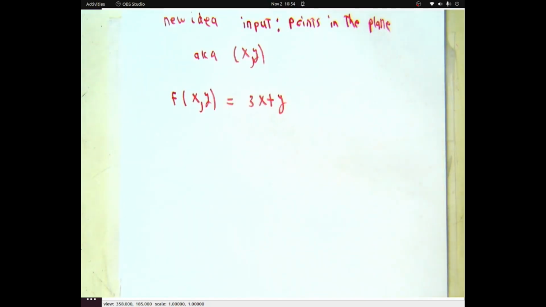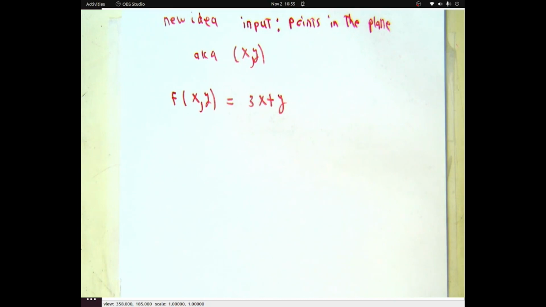In all of our work previously, we almost always think of y as being some quantity that's determined by x. We're going to have a different point of view now. x and y are completely independent of each other, and the point in the plane that I'm going to think about will be described by its x and y coordinates.